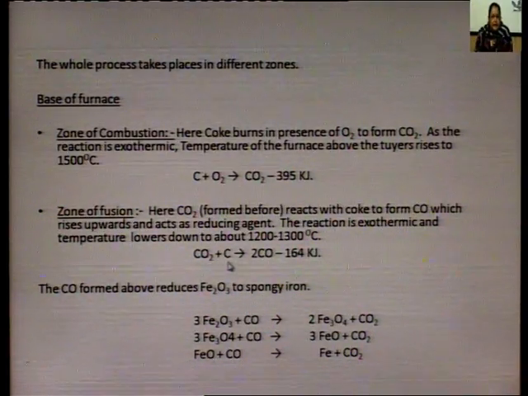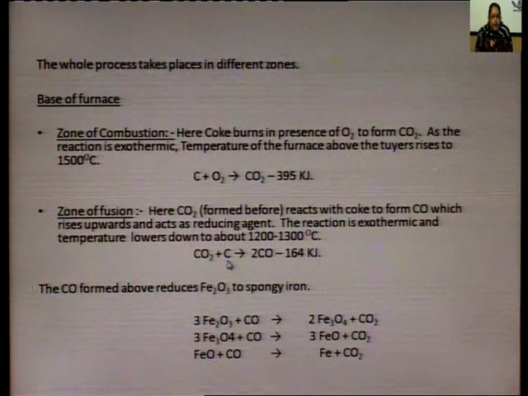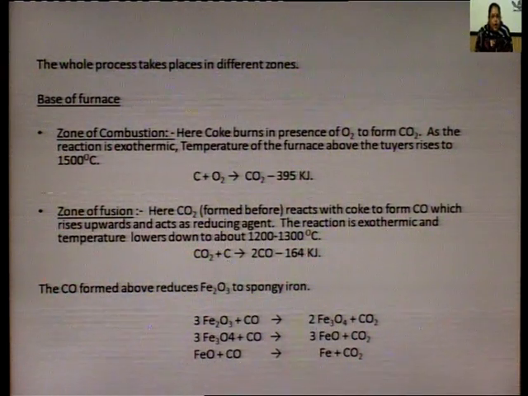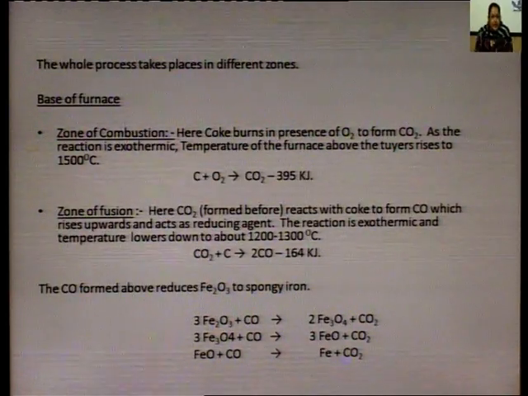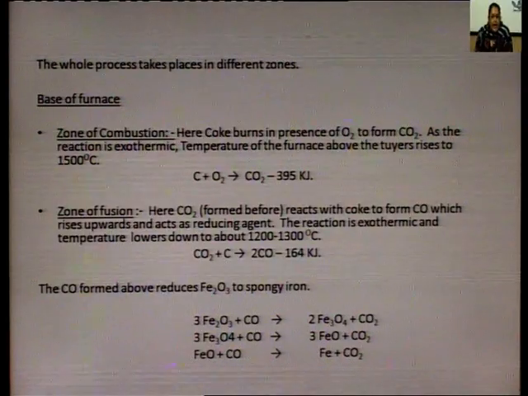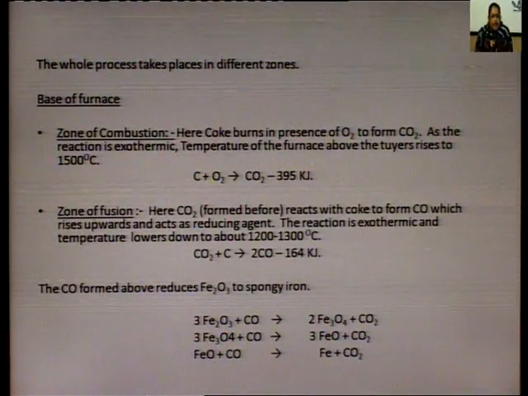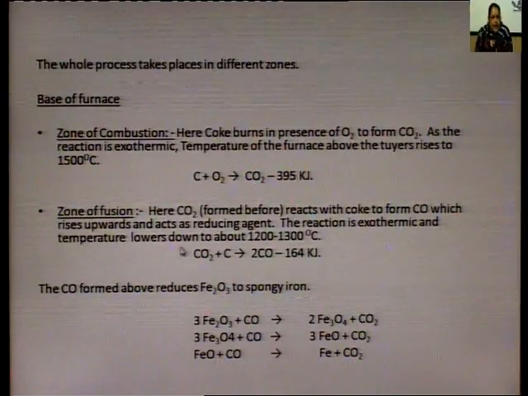In this case, the coke acts as the reducing agent, and this reaction is endothermic in nature. As this reaction is endothermic, the temperature gets lowered.